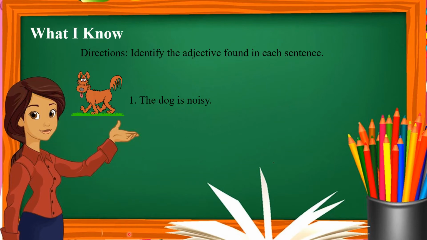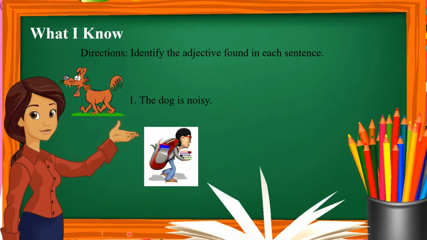Okay, next one. What can you say about the boy? Oh, okay, the boy is carrying a bag. Yes? Oh, and also carrying books. Okay, what can you say about the bag? About what he did? Okay, here. The backpack is heavy. Do you agree?